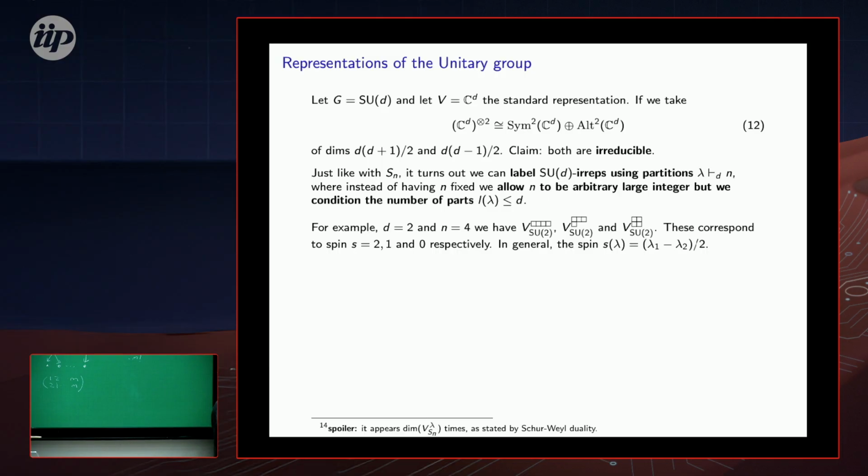So here are 3 different 2-row diagrams with 4 boxes. How do you map a diagram to the spin? All you need to do is first row minus second row divided by 2. That's the spin. So for example, this one is 4 minus 0 divided by 2, 2. That's spin 2, so this irrep is 5-dimensional. This is spin 1, and this is spin 0.